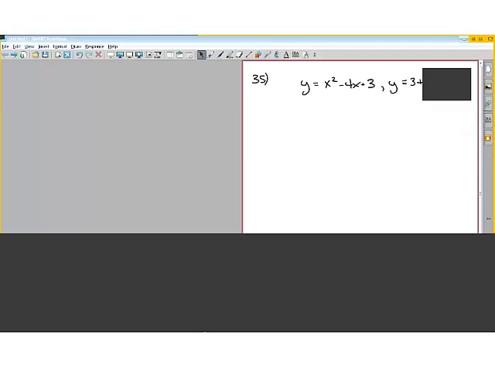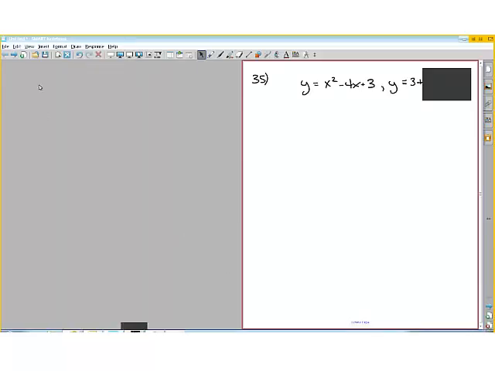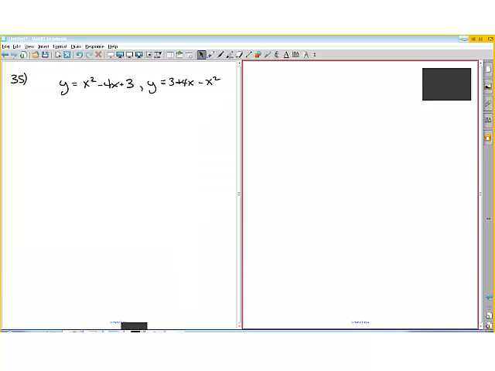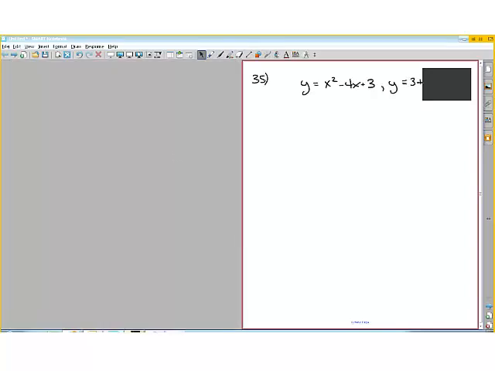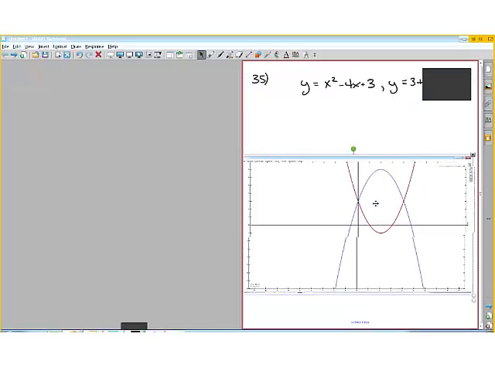That little thing, go there. I don't know what happened to my picture. Let's try it again. Okay, there we go.